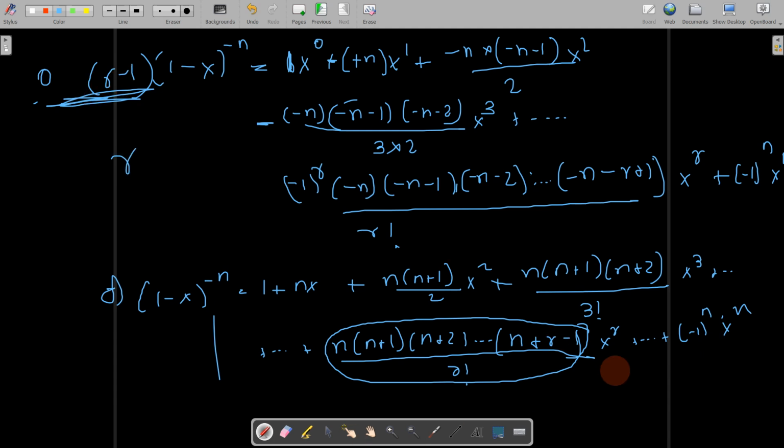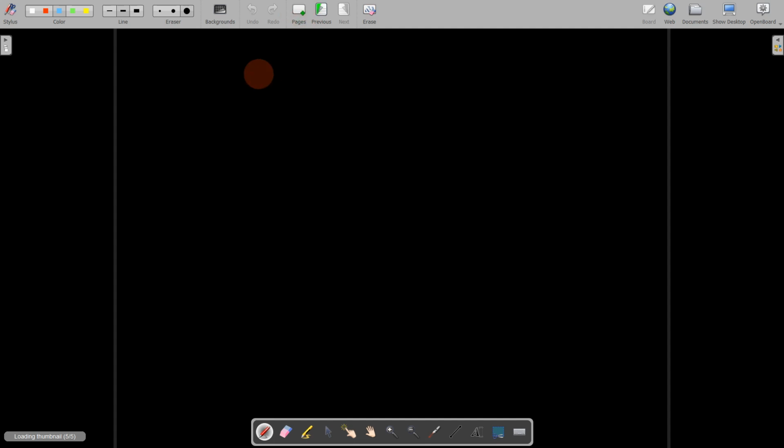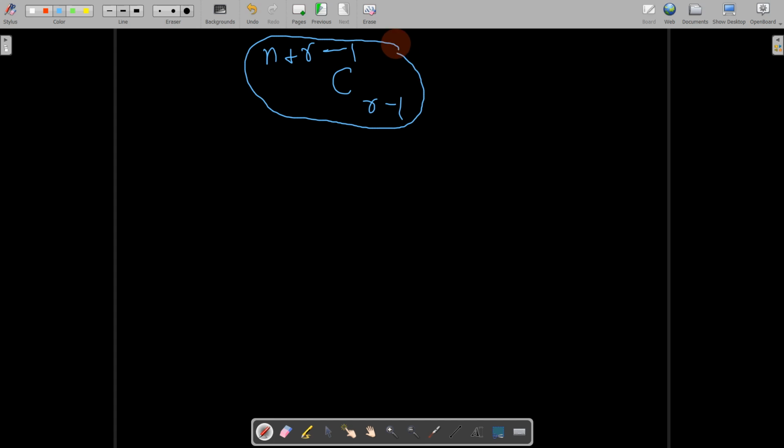So what does this become? The general term becomes n plus r minus 1 choose r minus 1. Yes? Into x power r.